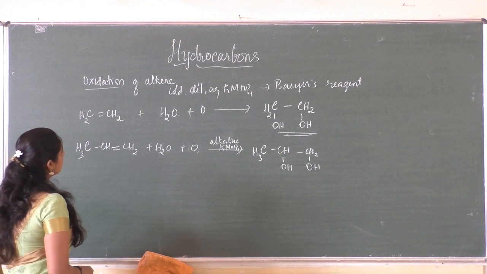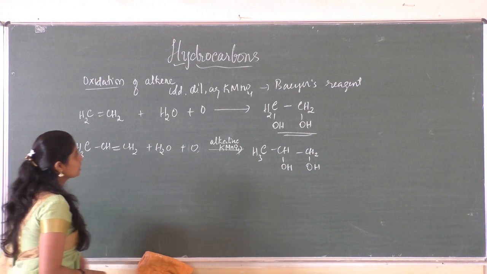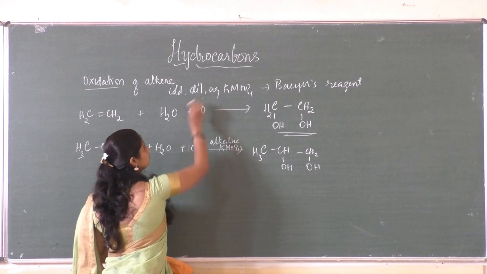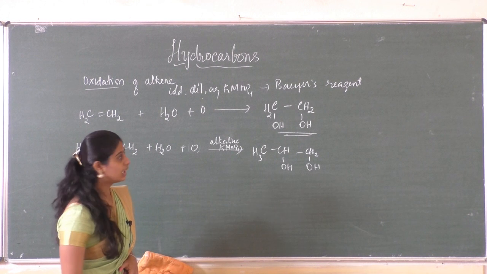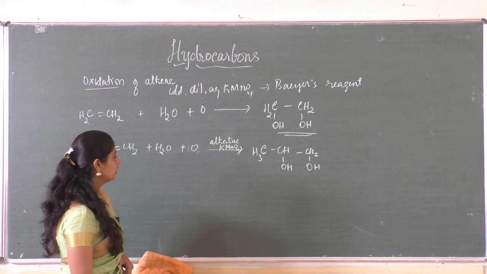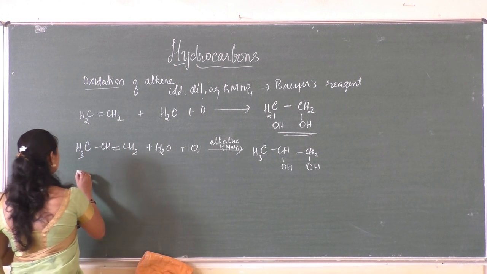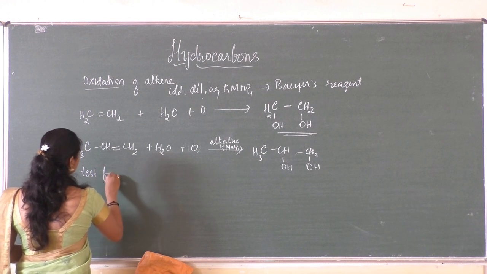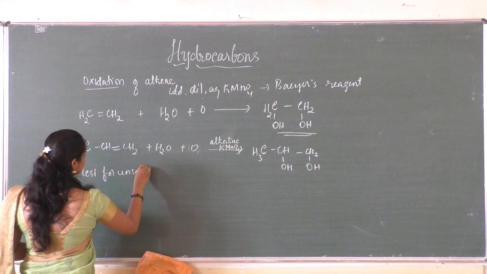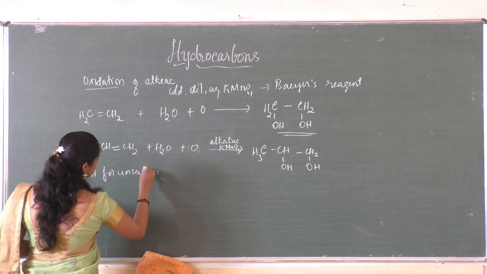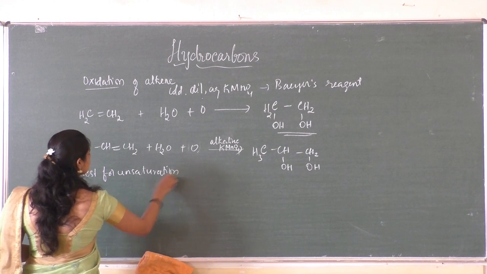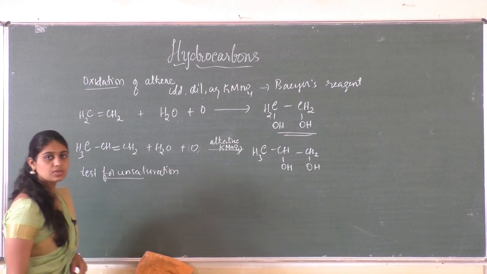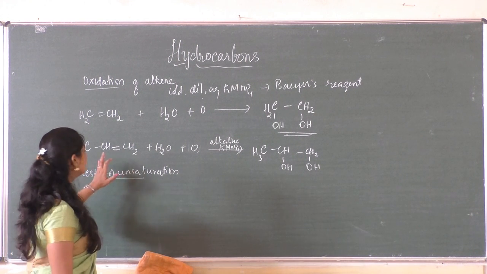This oxidation reaction, by treatment with dilute aqueous KMnO4, can be used as a test for unsaturation. These are unsaturated compounds, that means they consist of a carbon-to-carbon double bond.